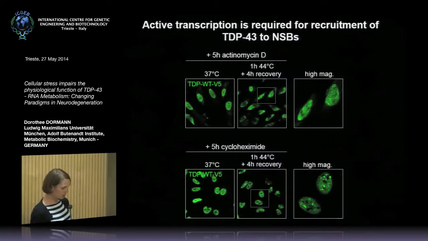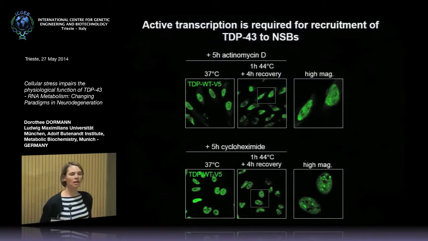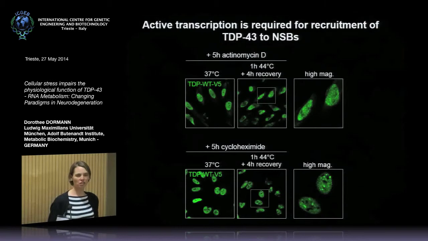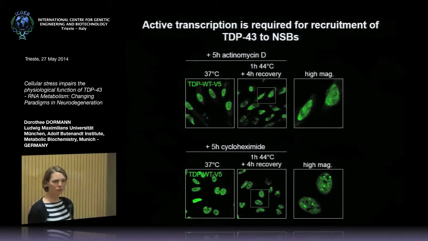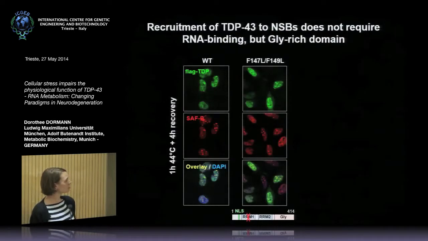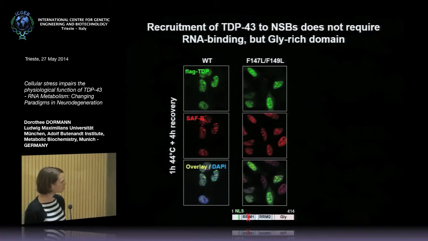Now, to check how TDP-43 may be recruited into these nuclear stress bodies, whether this occurs via RNA binding or protein-protein interactions, we used a couple of TDP-43 mutants. First of all, the famous phenylalanine-to-leucine mutant provided to us by Emanuele.